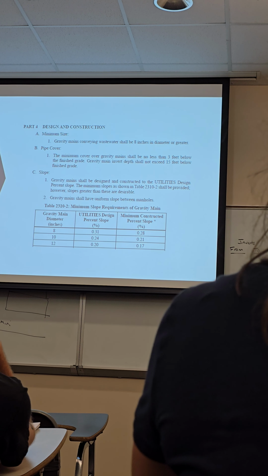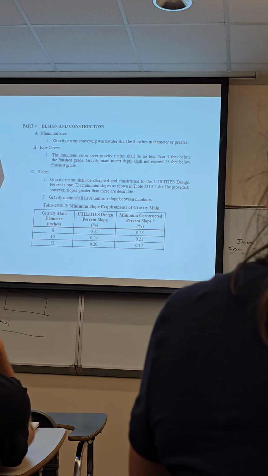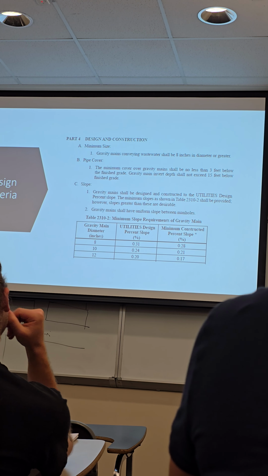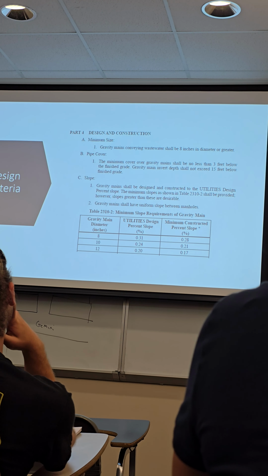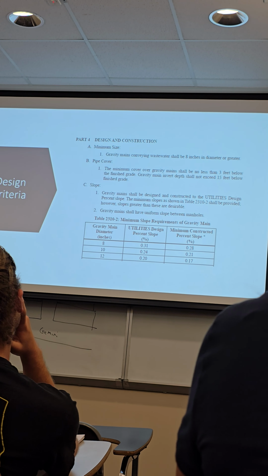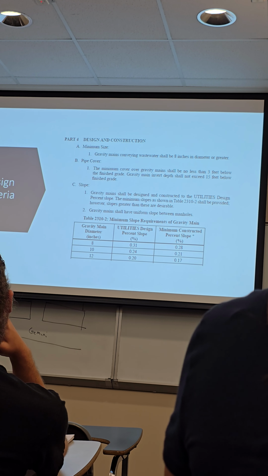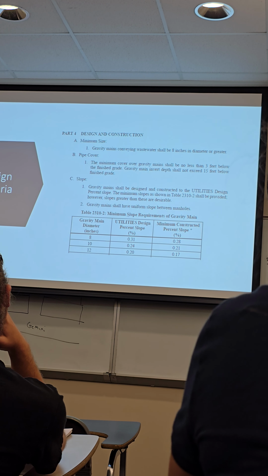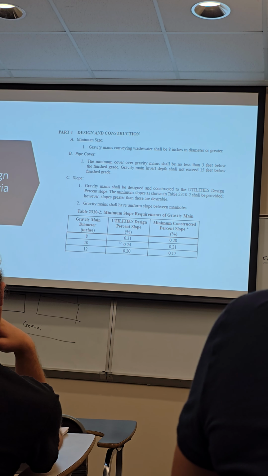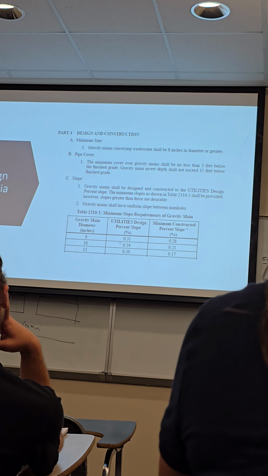The other thing is, just like a storm sewer, there's a minimum size for a gravity pipe, and that's 8 inches. Minimum coverage 3 feet. And then there's a minimum slope associated with the gravity system. And the minimum slope is based on this utility design. So if you have an 8-inch pipe, that minimum slope is 0.31%.